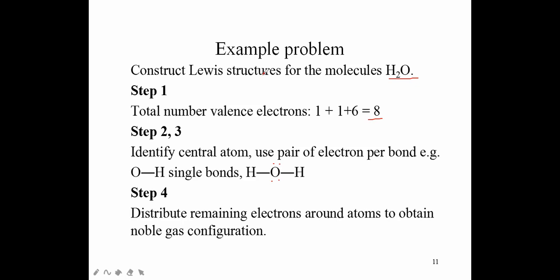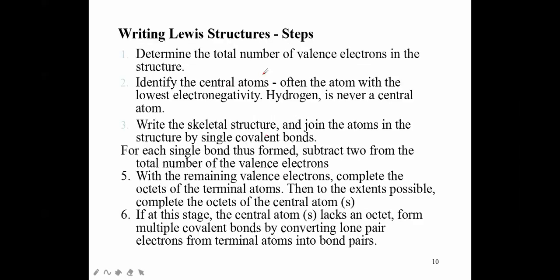Okay, if we are comparing, we will not compare between hydrogen and oxygen because hydrogen can only make one bond. The statement here says it is often the atom with the lowest electronegativity. The next point says hydrogen is never the central atom.